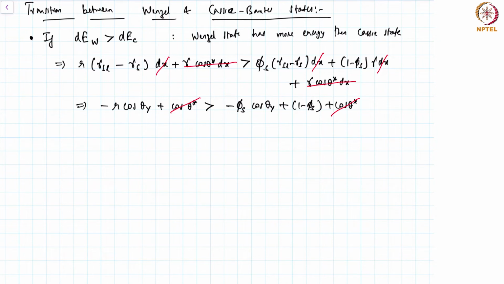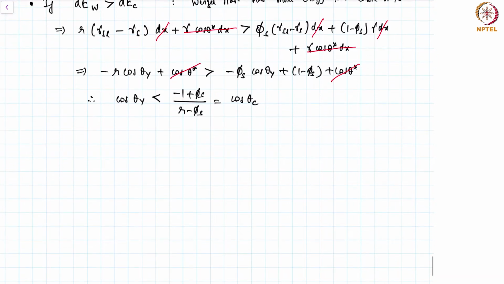And therefore we now have cosine of theta y will be less than minus (1 minus phi s) by (r minus phi s). Let's call this cosine of theta c. So theta c is a transition parameter, a critical value.